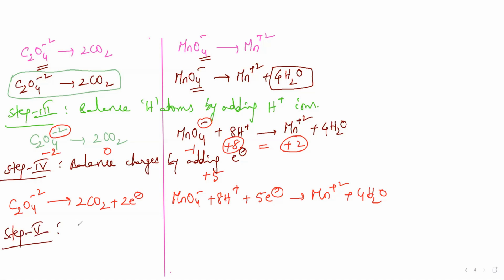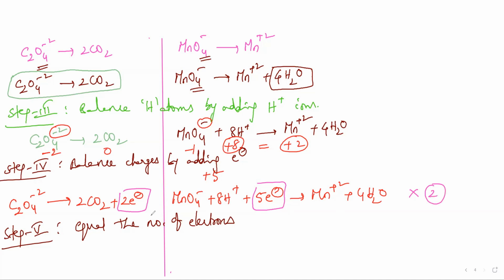Let us move to the last step. Step 5: Equalize the number of electrons. How? Here 2 electrons are here. Here 5 electrons. So multiply this equation with 2. Here multiply with 5. Then both sides become the same number of electrons. And multiply.